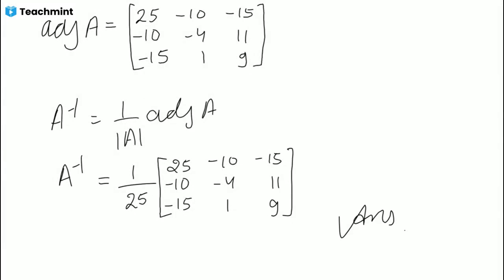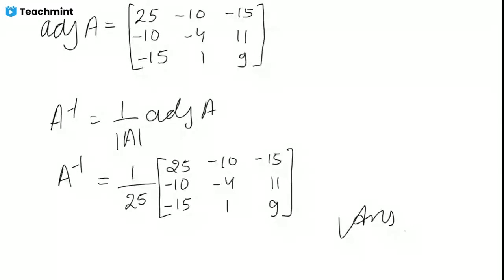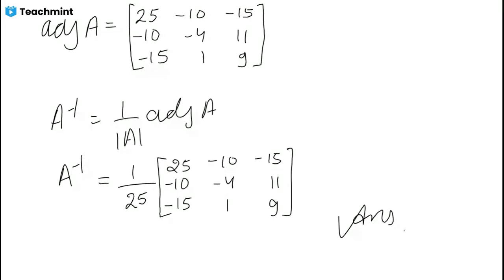Got it? You got it? Yes, ma'am. So we have done A inverse for both, for 2 by 2 and also for 3 by 3. So just practice. Most probably you have questions of 2 by 2, and you have 3 by 3 also in the 14th question, right?